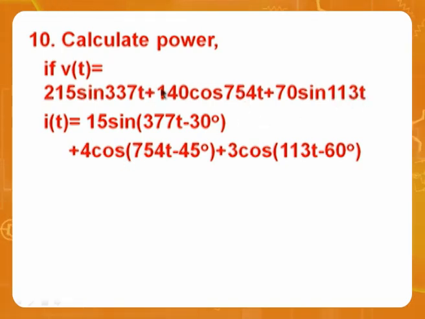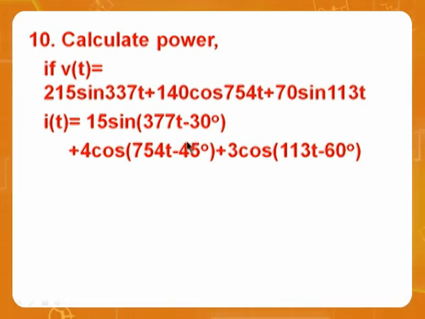This is the voltage given. Please observe the current: 15 sin(377 t minus 30) plus 4 cos(754 t minus 45) plus 3 cos(113 t minus 60).